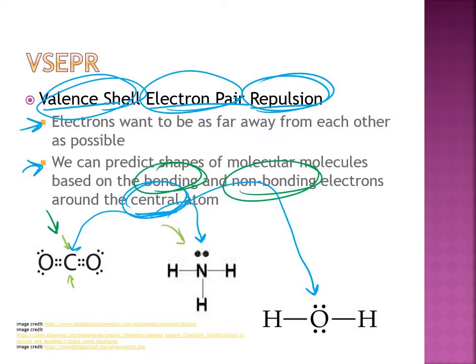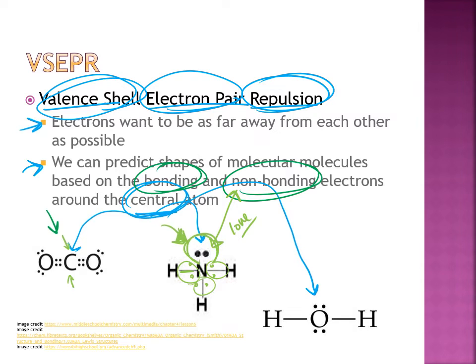That's not true for nitrogen here in NH3. So remember that these lines represent bonds. There's a pair of shared electrons in every bond. So nitrogen has 1, 2, 3 groups of electrons in bonds. Nitrogen also has this one non-bonding pair. Sometimes we call those lone pairs of electrons.